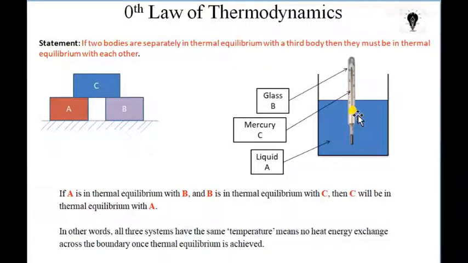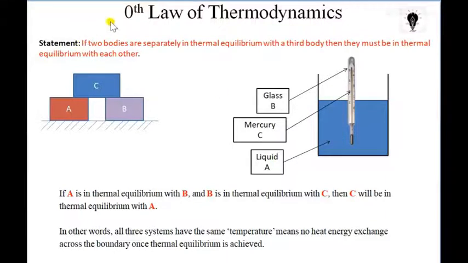Because the thermometer glass and the mercury inside have a lower temperature compared to this liquid, that is A. So until there is a temperature difference between the B, C systems and A, heat energy starts to transfer from system A to C and to B, and it goes on transferring until thermal equilibrium is achieved. As soon as the temperature of all three becomes the same, thermal equilibrium is achieved.